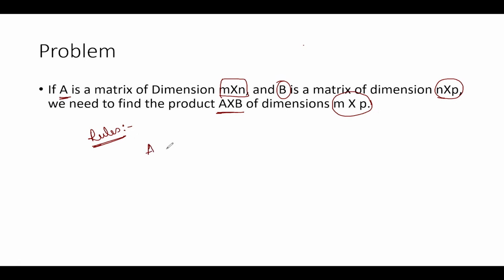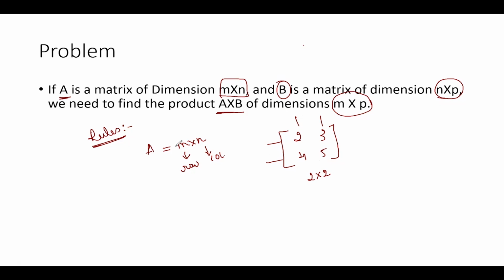Suppose A is a matrix, as mentioned here in the problem statement, of dimension m into n. This means it has m number of rows and n number of columns. I hope you all know that matrices are usually represented in this way. For example, this is a 2 cross 2 matrix, which means I have 2 rows as well as 2 columns.